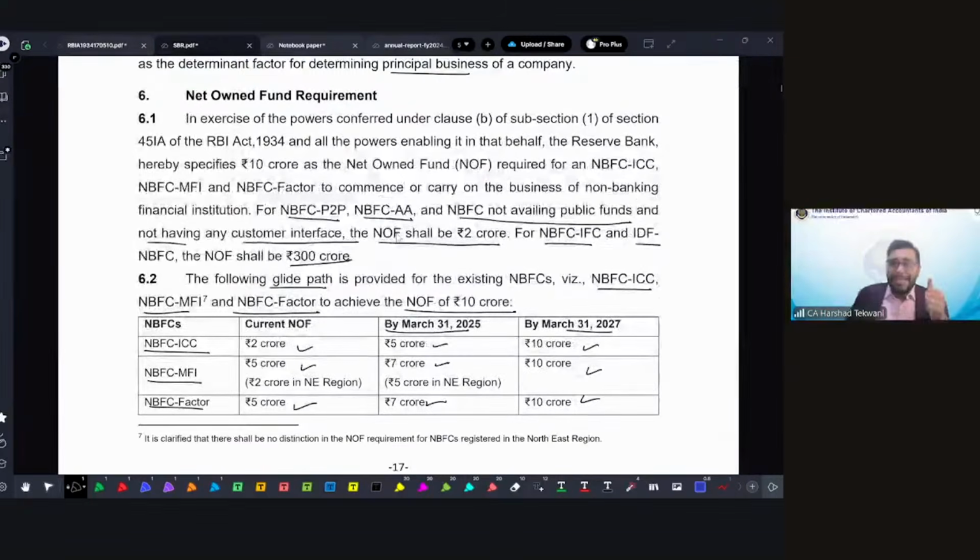Clear? So this is a requirement of net own funds, and this is as per, remember we discussed, 45 IA clause B of subsection 1, as provided by the bank in the official gazette in notification. This is the part where they have notified such other amounts.